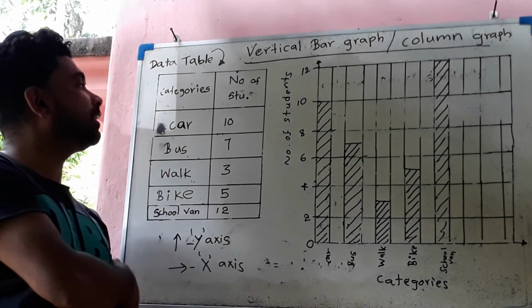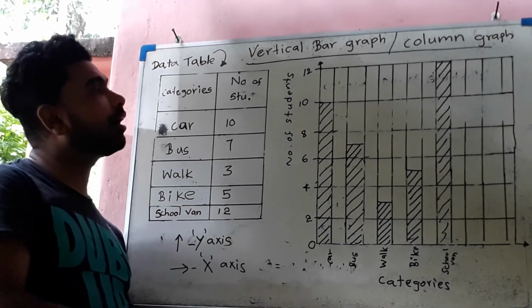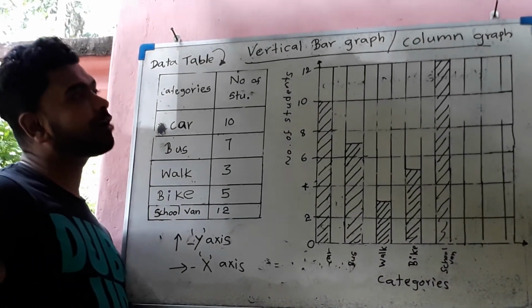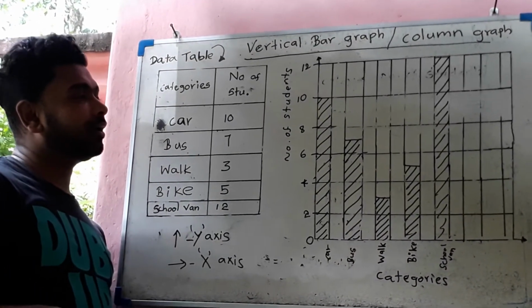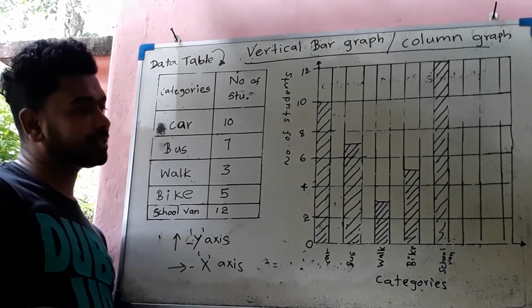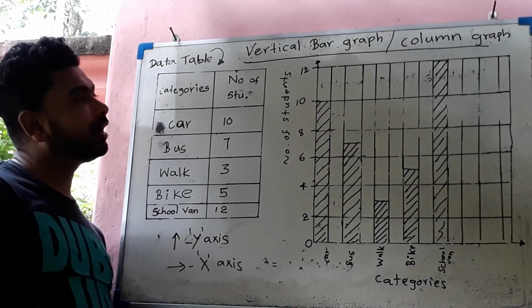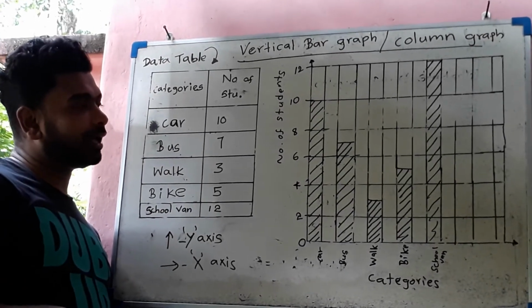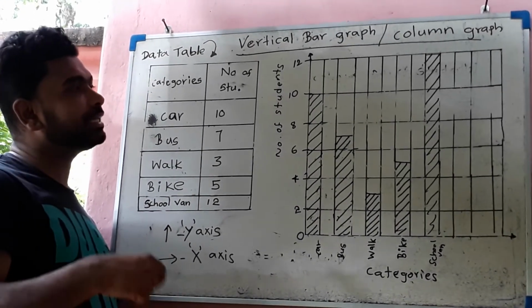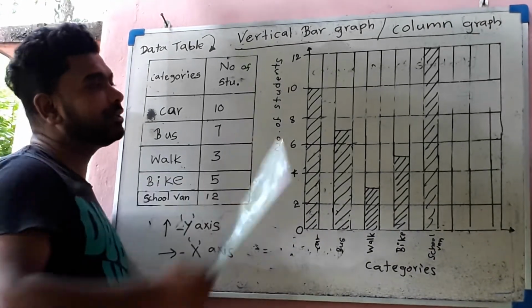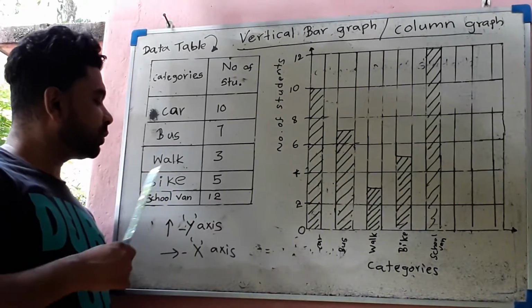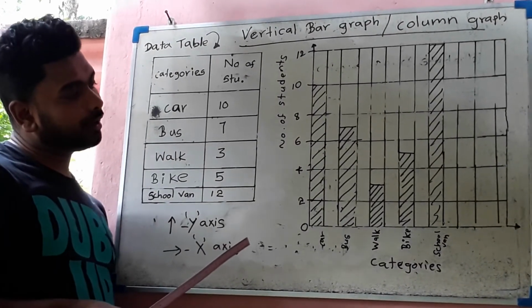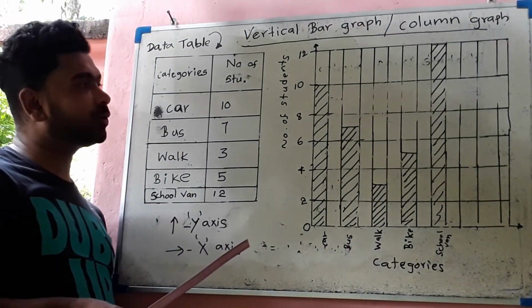On the other hand, we use a data table to draw a column graph, and anybody can easily understand the information represented by it. Most of the students come to school by school van.